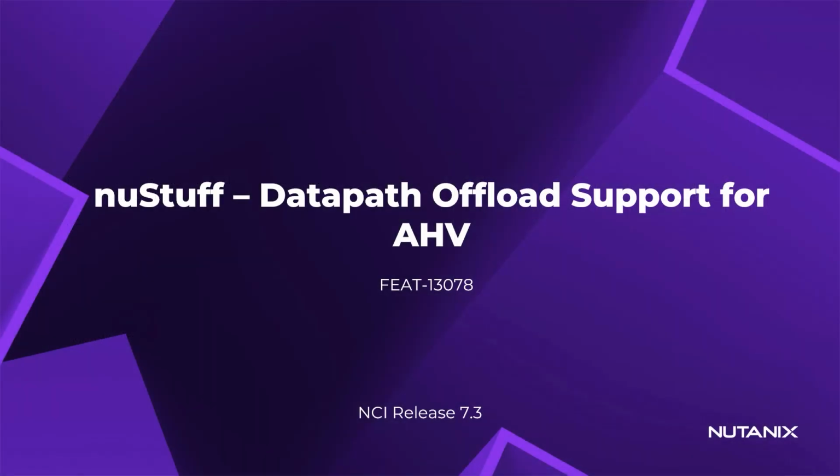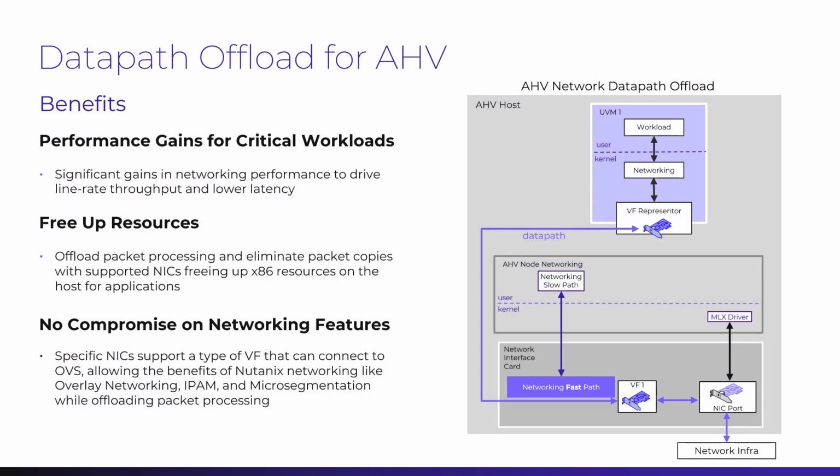Now let's explore feature 13073, data path offload support for AHV. In virtualized environments, network traffic flowing through a virtual switch, like an Open vSwitch, typically requires processing by the host CPU. This can lead to significant CPU resource consumption, as we've already covered, especially in high-throughput network environments.